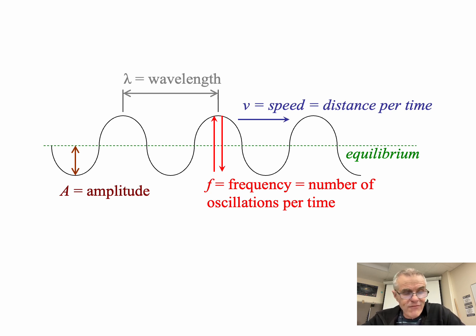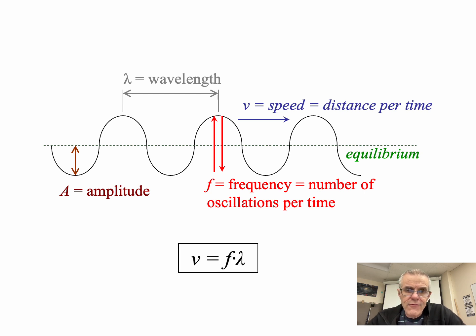Anyway, lambda, that's a very standard symbol. Lambda would always represent wavelength when it comes to waves. And notice the way that it's shown here. It would be the linear distance from a crest to the next crest, and that would be one complete cycle in a simple pattern like this one, and that would be called the wavelength.